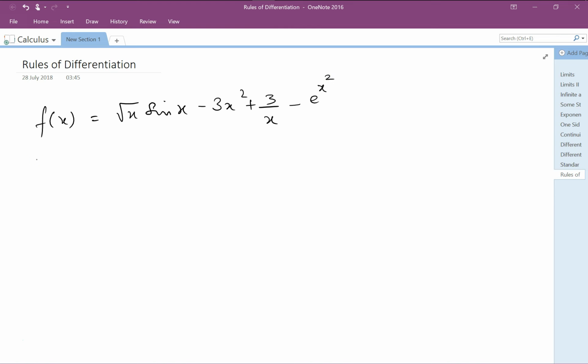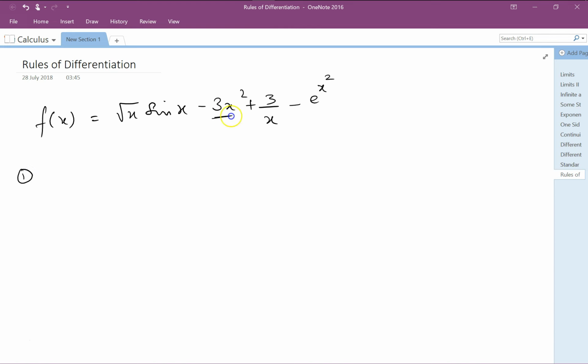You can always do this using our definition of a derivative, x plus delta x, but it's going to be tedious. So won't it be nice if we have certain rules which makes it easy for us to find the derivative of such functions? Let's look at these rules.